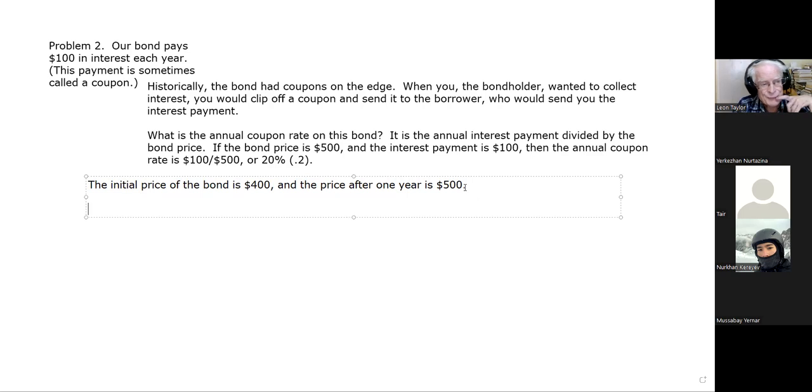So to answer this question, let's think very generally about the rate of return on the bond after 1 year.